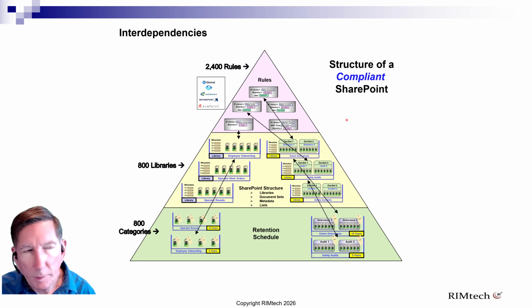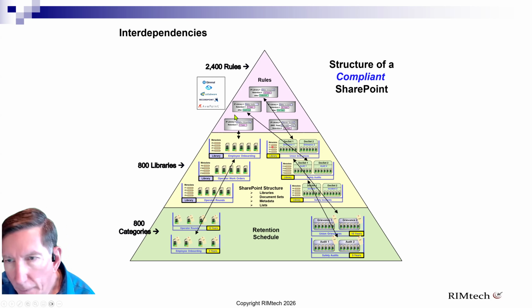So the days of SharePoint in the wild have to stop and stop now, because the rules up top contain references to the names of libraries and the names of columns to make these rules work. And if you change the names of the libraries or the columns, the rules break and your system is no longer compliant. Okay?